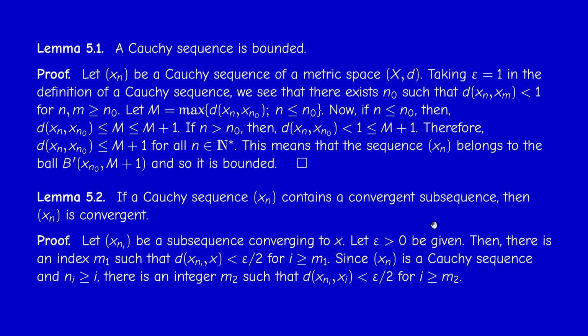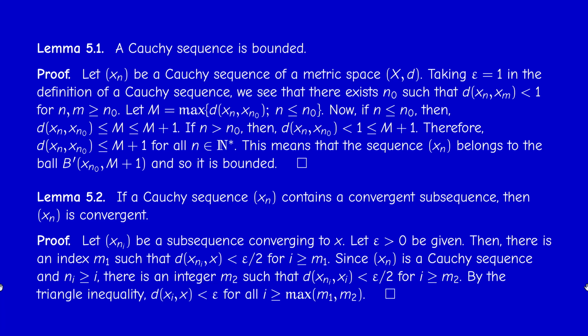So if you take n0 to be this m2 in the definition of a Cauchy sequence, then both ni and i are at least m2. So their distance is less than epsilon over 2. And now we just have to use the triangle inequality to conclude that the distance between xi and x is less than epsilon for every i which is both bigger than m1 and m2. So this proves that the original sequence xi converges to x.